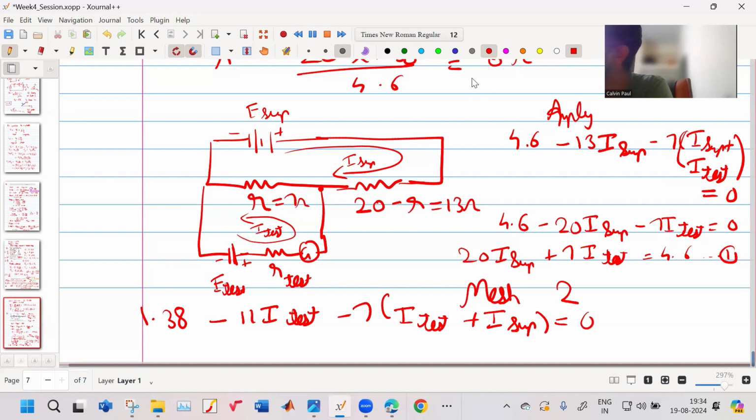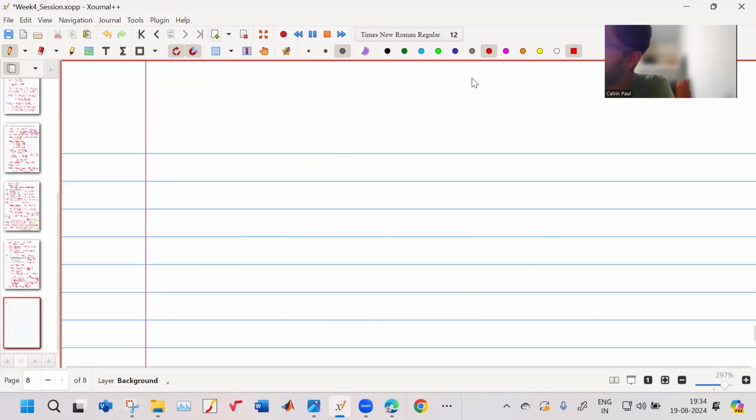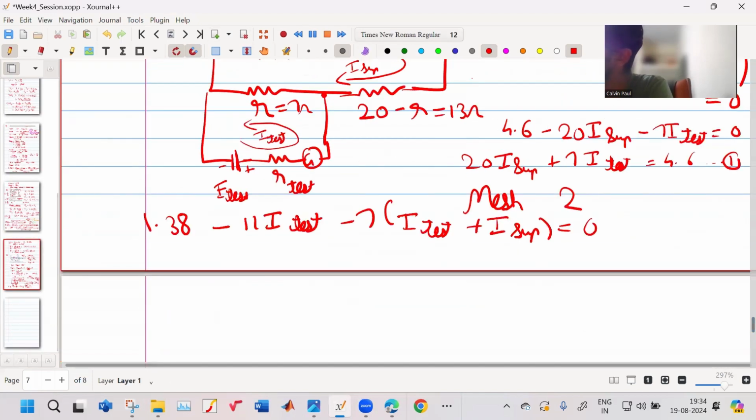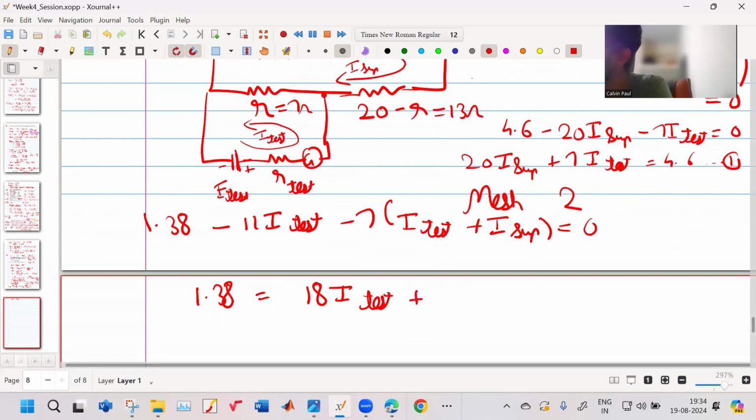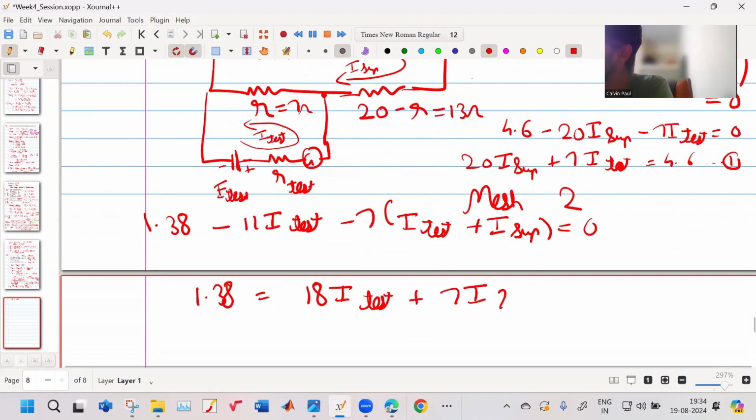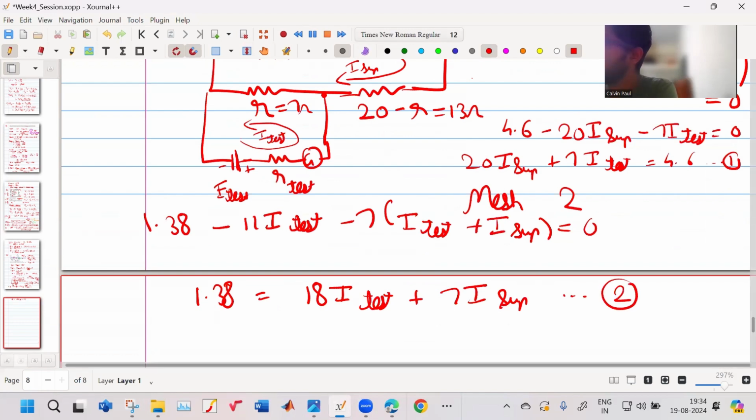This is equal to 0. So I'll go to next page. So that will be equal to 1.38 will be equal to 18 into I test plus 7 into I supply. This is your equation 2. Any doubts in this much till now?